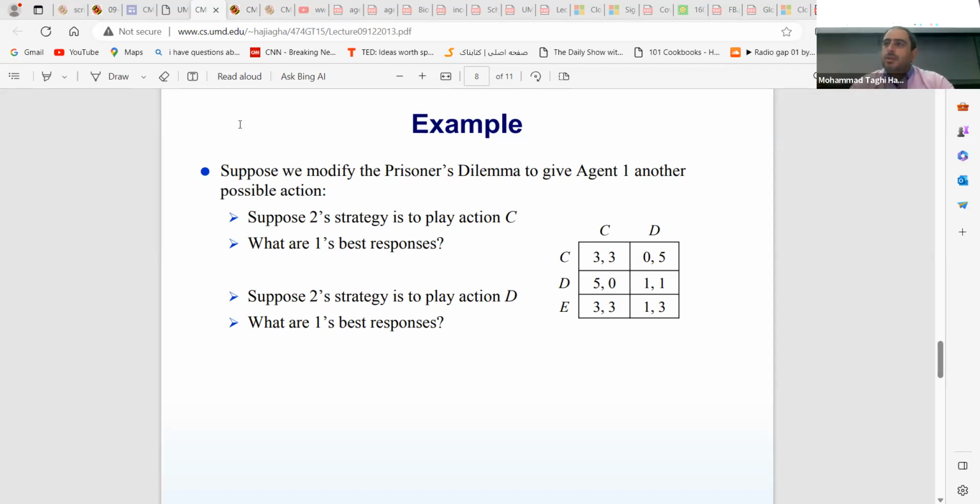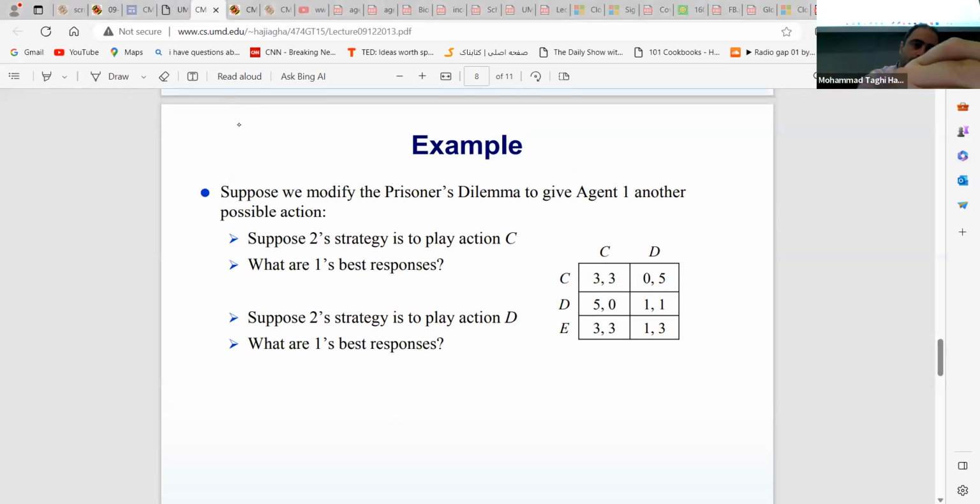By the way, note that if we know the strategies of all other people, then as mentioned, there are only k choices that you need to choose from. All possible options by others would be k to the n minus 1. But if s minus i is given to you, then you only need to consider one of your k actions.